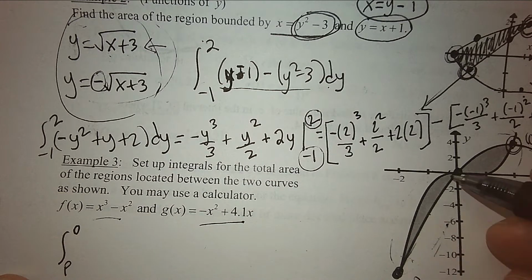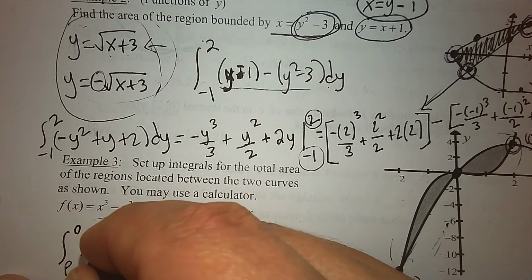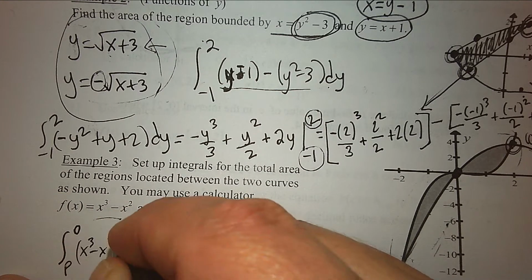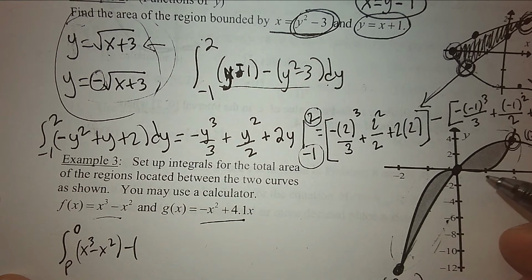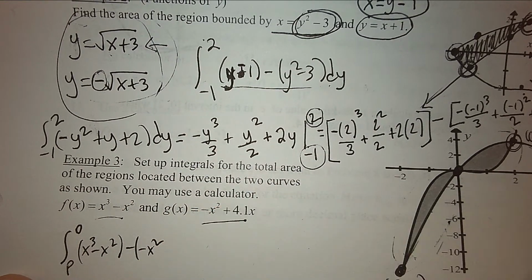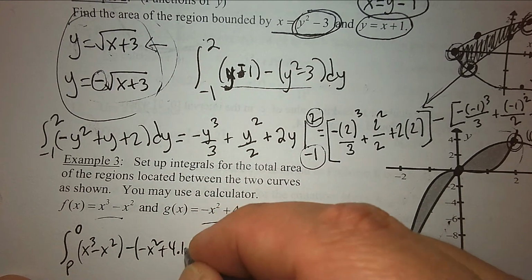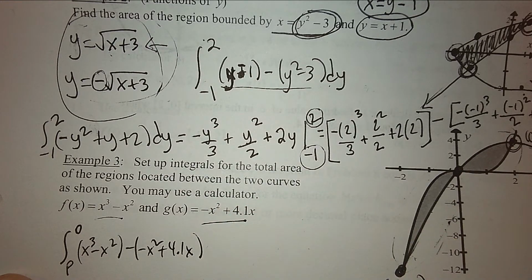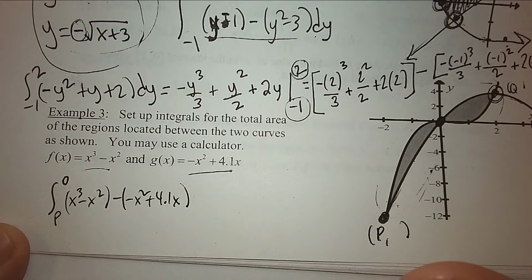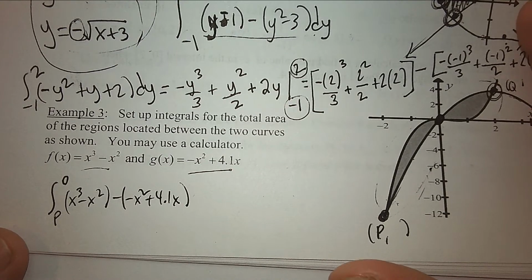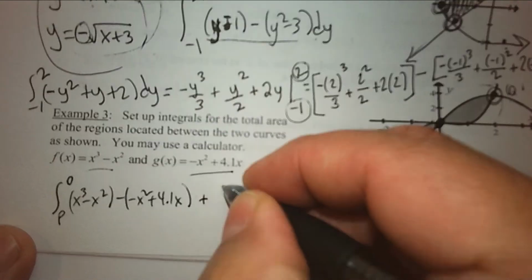The upper curve is x cubed minus x squared. Subtract the lower, which is the parabola, negative x squared plus 4.1x. Use parentheses, especially when we're going to use our calculator soon, to make sure that we do it correctly. Plus the second one.